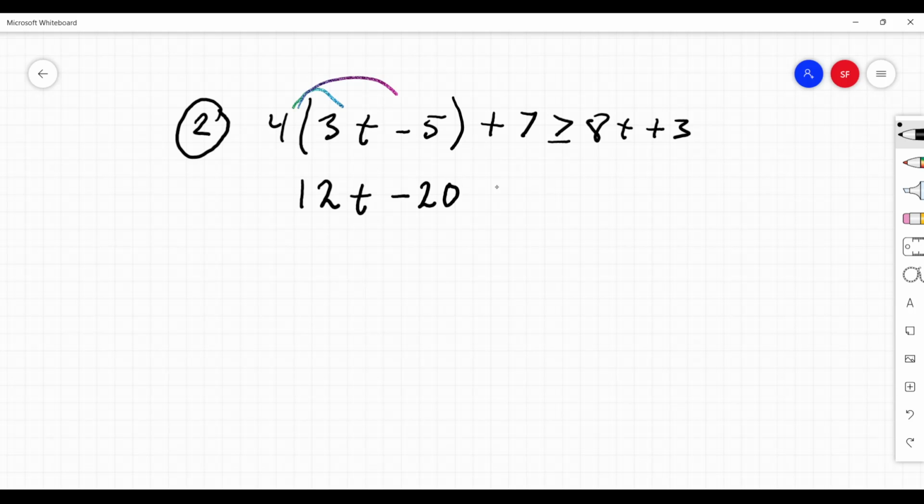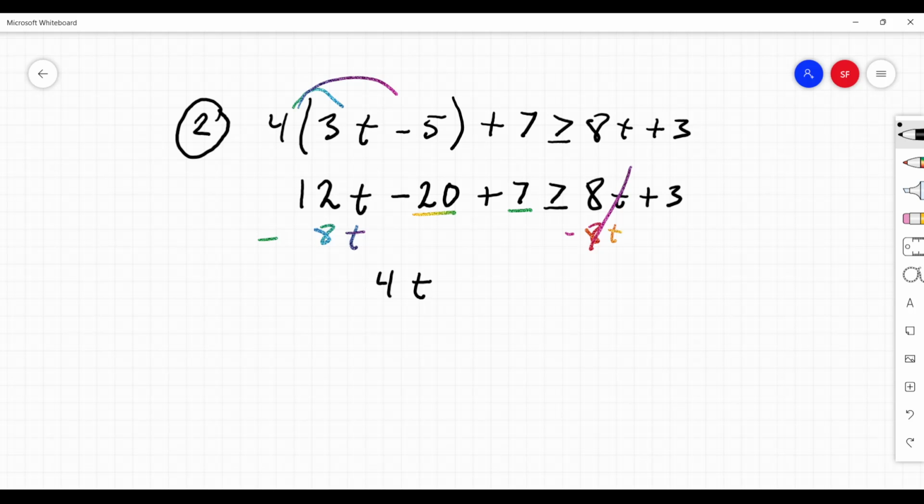Bring down everything we didn't touch. Then what? Subtract 8t to get it on one side. What's 12t minus 8t? 4t.